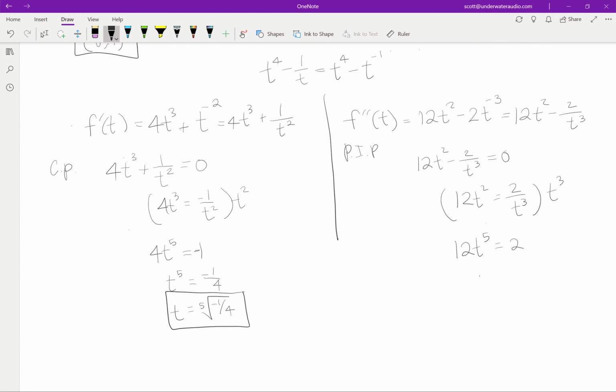Dividing by 12, t to the 5th equals 1/6. 2 divided by 12 is the same thing as 1/6. Something seems weird. Oh no, this seems fine. Okay, now I get t equals the 5th root of 1/6.